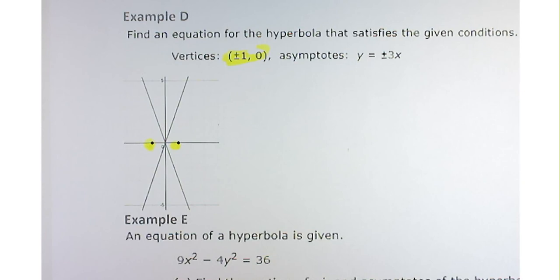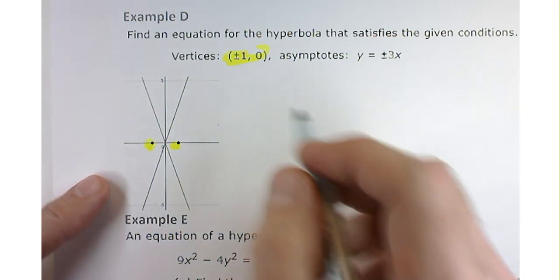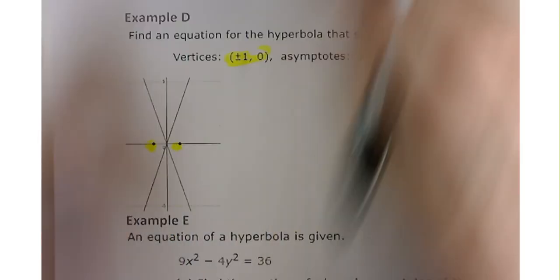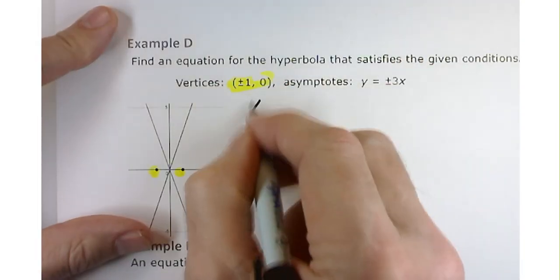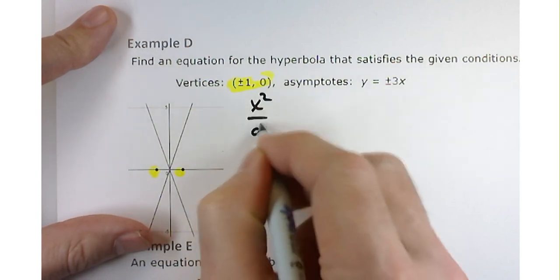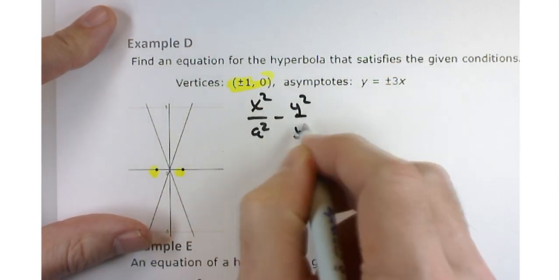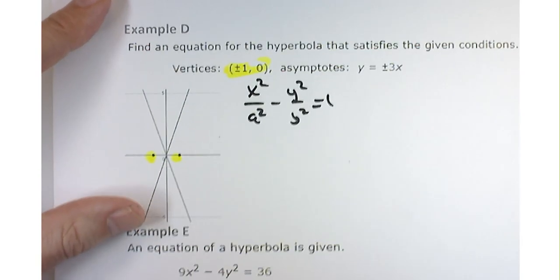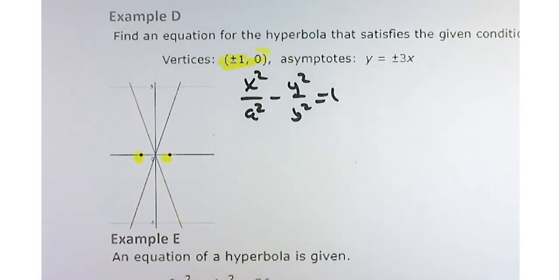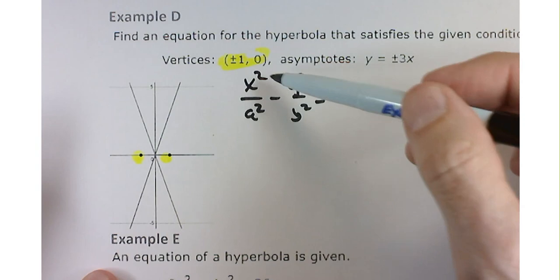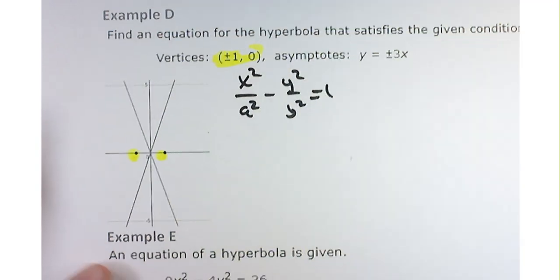All right. So it has to open like this. And in fact, let's see, x squared over a squared minus y squared over b squared. So all powerful Oz, tell us either a or b here for us.